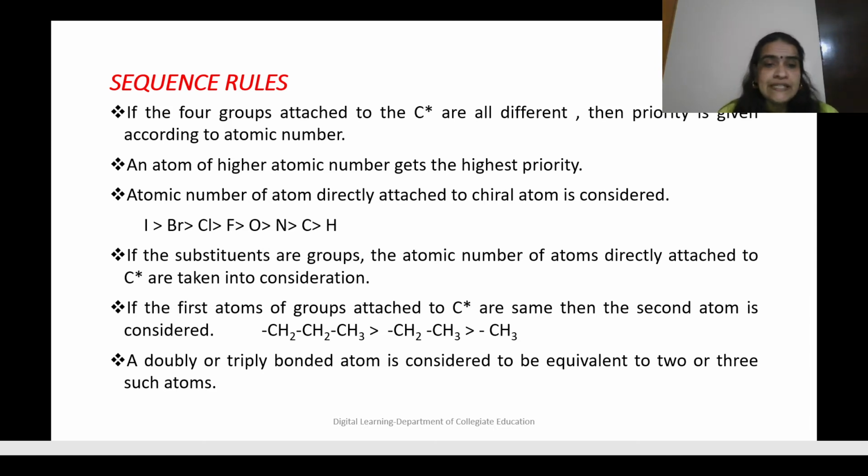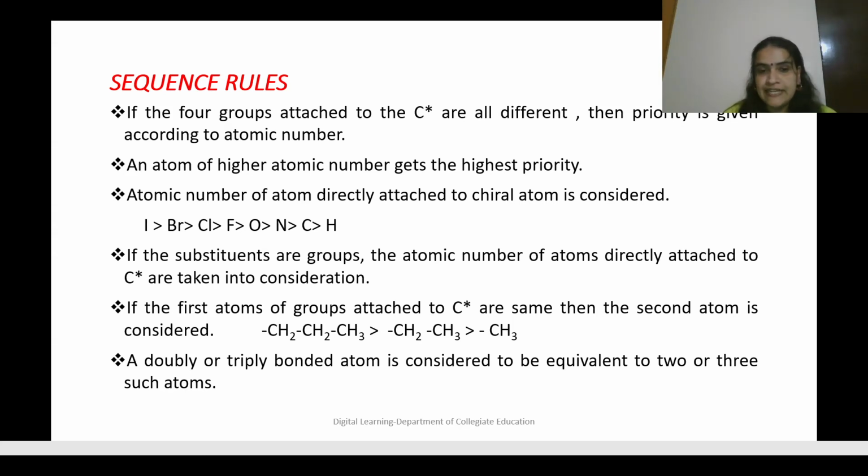If the substituents are groups, the atomic numbers of the atoms directly attached to the C star, the chiral carbon, are taken into consideration. If the first atoms of the groups attached to the chiral carbon are the same, then the second atom is considered.